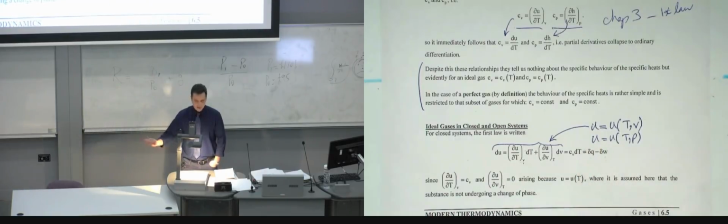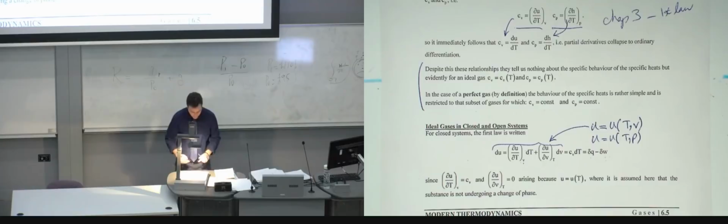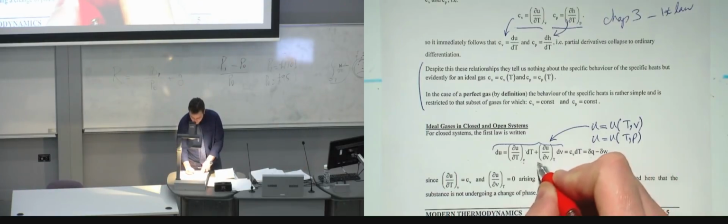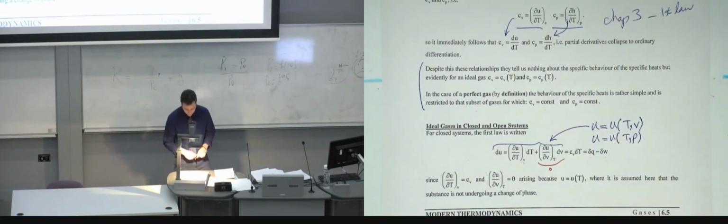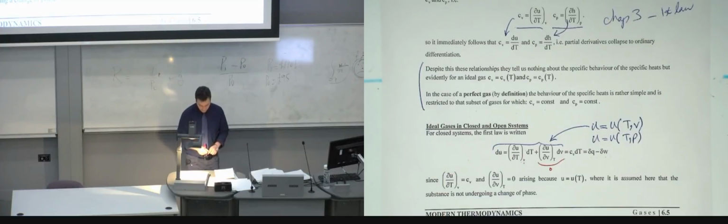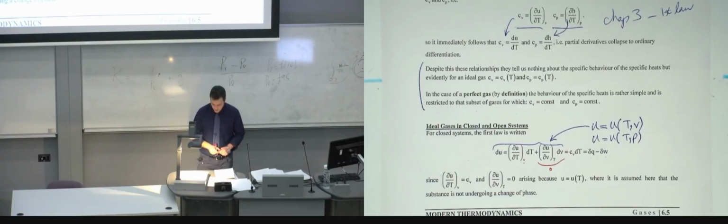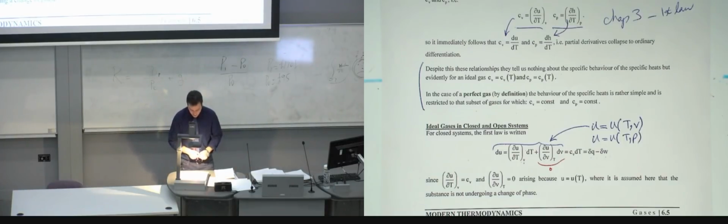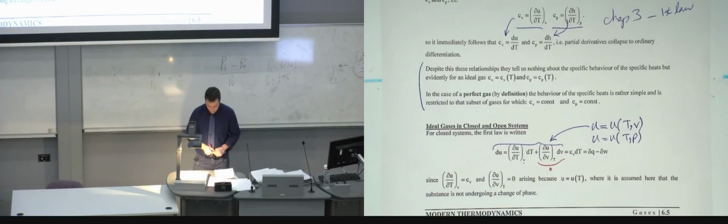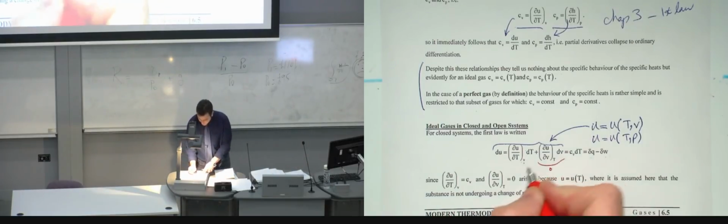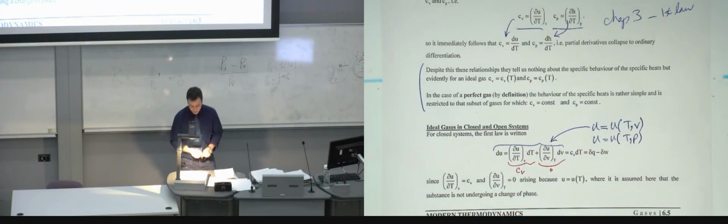So the right hand side is straightforward. We've done that in the past, so it's no problem. One thing which we now know is that this term will be equal to 0, because what we established was that U is only a function of temperature, and if that's the case, then that term would disappear, and this is what we know as CV, as I've just defined up here.